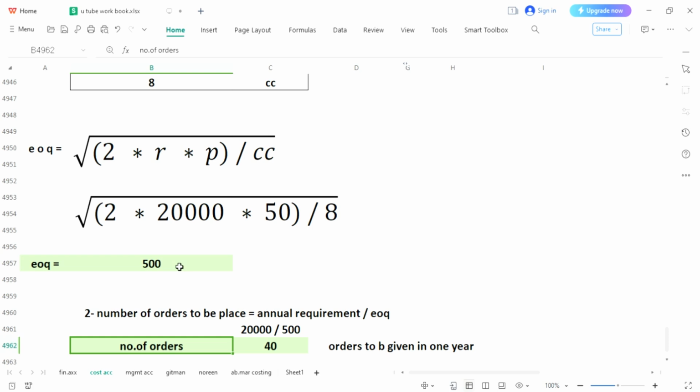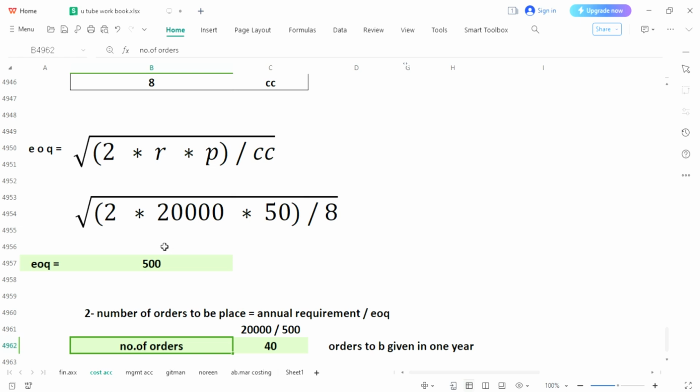So the claim is what? If you give an order of fewer than 500 units, suppose you give an order of 250 units, even then the cost of 500 would be less than the cost of 250. Is it not strange?